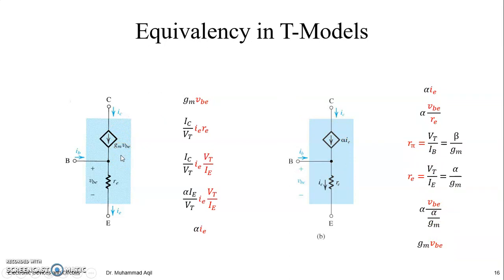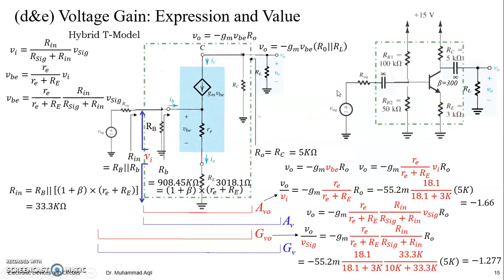So in the book, when you see such problems as we did here, you should not be confused when you use their method of finding AV naught, AV, GV naught, GV. That relation will equally work.